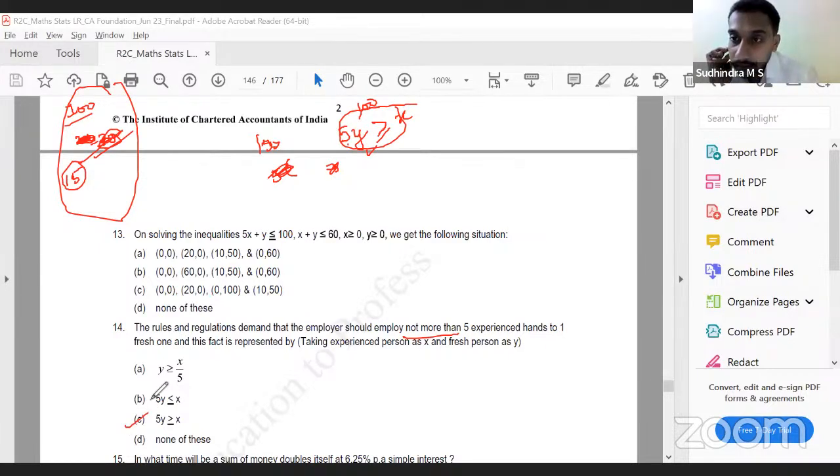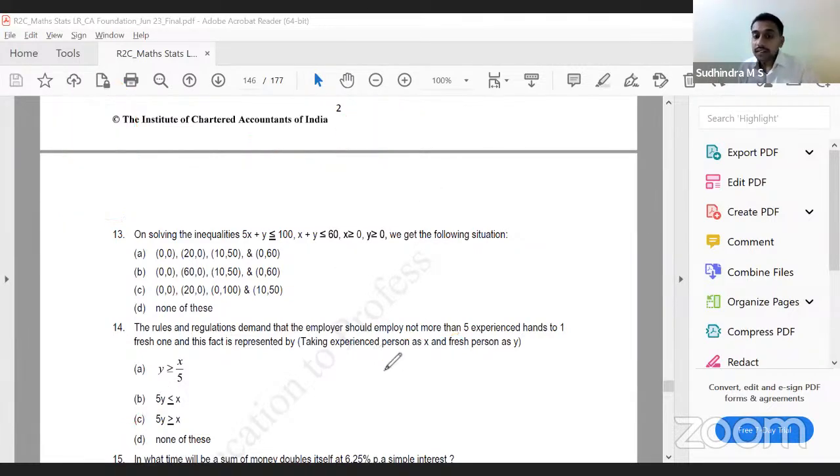Sir, could you repeat it, sir? If you don't. What is X? X is experienced person, Y is fresh person. Correct? Now they are telling you cannot have more than 5 times experienced persons when compared to fresh persons. That means when I multiply the fresh people by 5, that should not be less than experienced people.